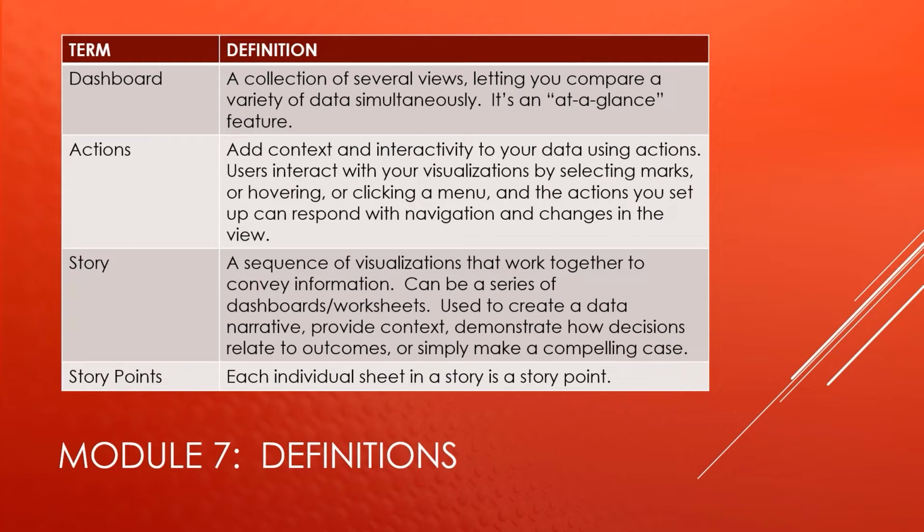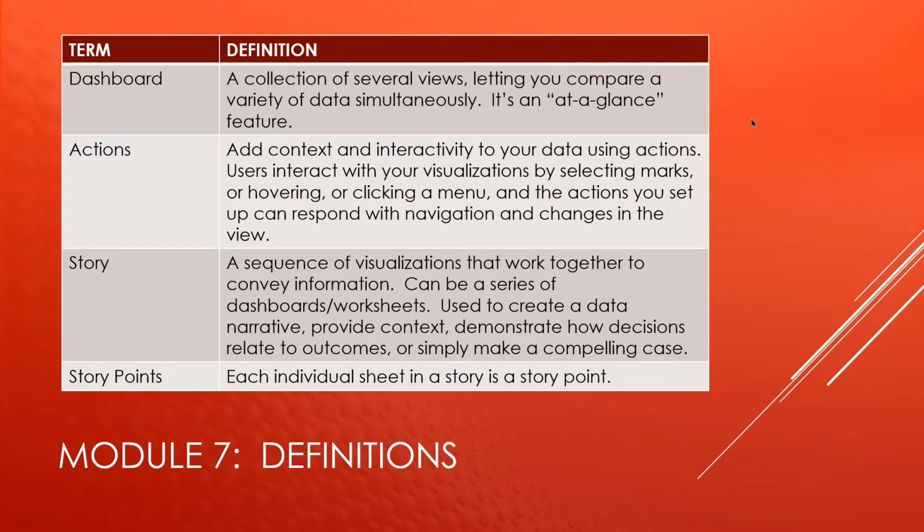A story is a sequence of visualizations that work together to convey information. It can be a series of dashboards and or worksheets. And it's used to create a data narrative, provide context, demonstrate how decisions relate to outcomes, or simply make a compelling case. Each individual sheet in a story is known as a story point.